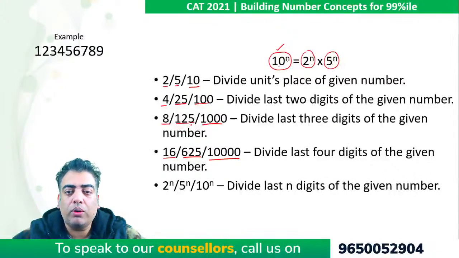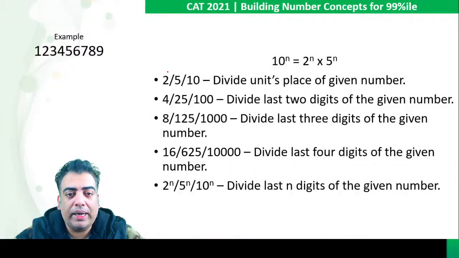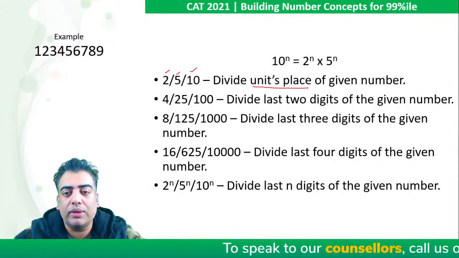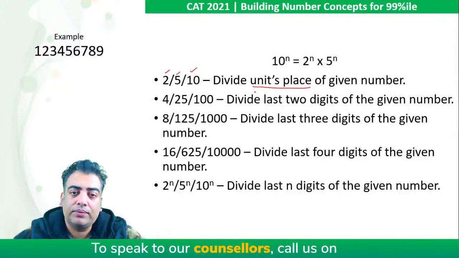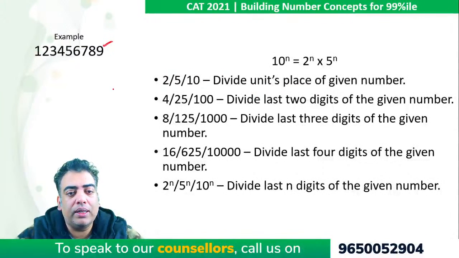Now let's talk about what the divisibility rules are. In case of finding remainder by 2 or 5 or 10, we will straightaway divide the units place of the given number to find the remainder. So let's say I have to find the remainder when this number is divided by 2. I will only focus on 9.